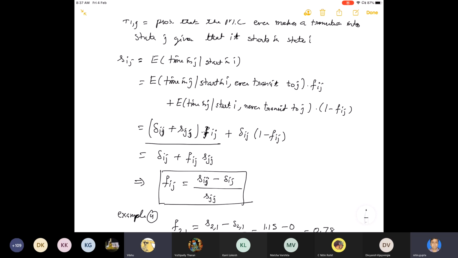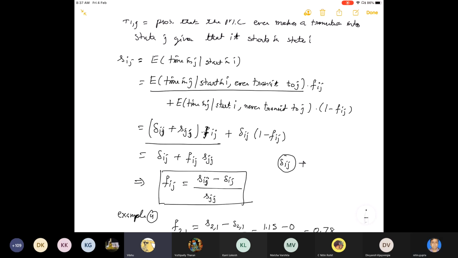So therefore this value will be basically 1 if i is equal to j, 0 otherwise. At least one time will be this. If i is equal to j, this will be 1. If i is not equal to j, this will be 0.